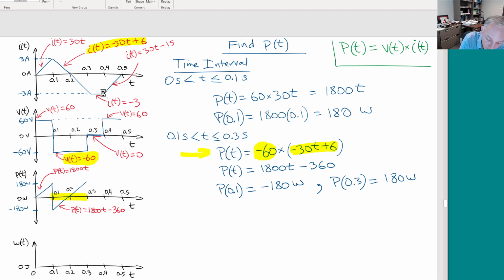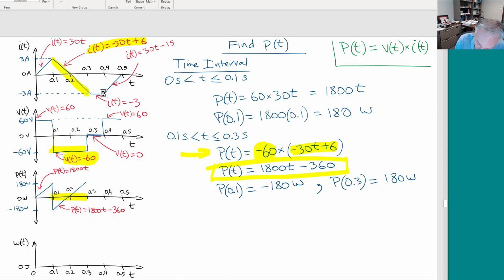So that's this segment times this segment, those two line segments for current and voltage. When we work that out, we get P of t being equal to 1800t minus 360.